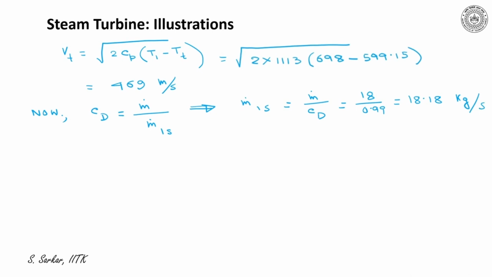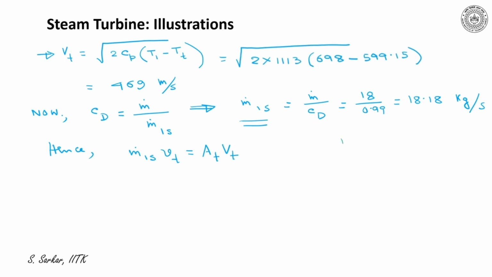Please note that I'll have to evaluate m dot isentropic to correlate with Vt, because within the convergent nozzle I am considering the flow becomes isentropic. So hence I can write from continuity m dot is into Vt, specific volume at the throat, is equal to area of the throat, At, into Vt.